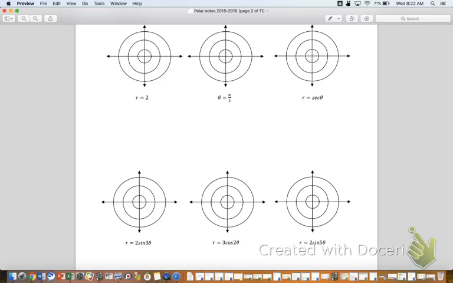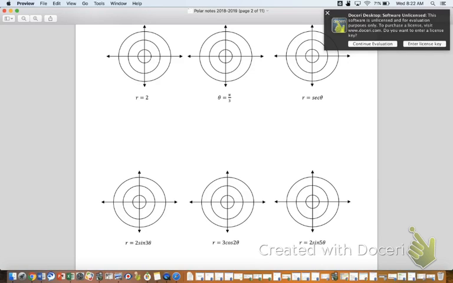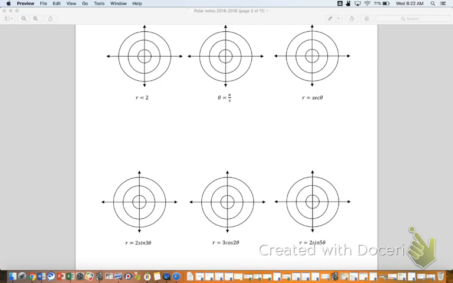You might have a little trouble with the second one, theta equals pi over 3, possibly. I don't know if you'll have trouble with that one or not. But anyway, I want you to try to graph these 6 on your calculator. See what these all look like. Play around with the window, the theta. I'll probably jump in after about 10 minutes or so. We'll talk a little bit about how the window and all that stuff affects the graph. So give it a few minutes, try to graph those.